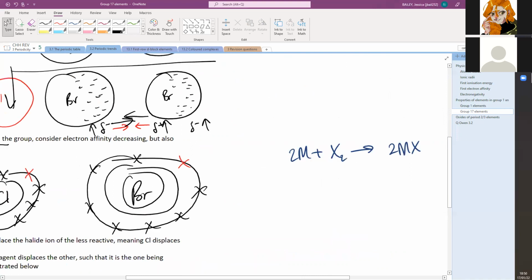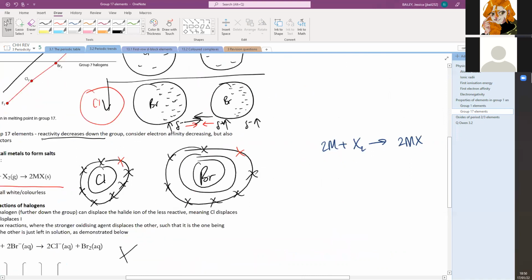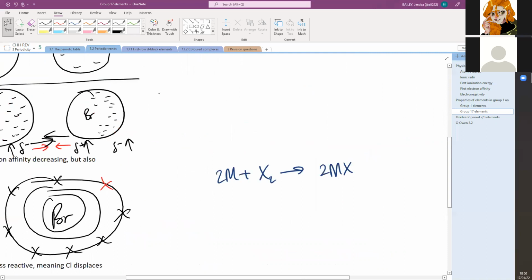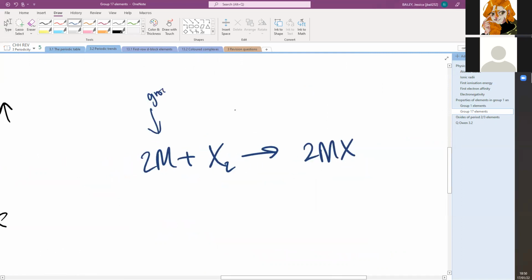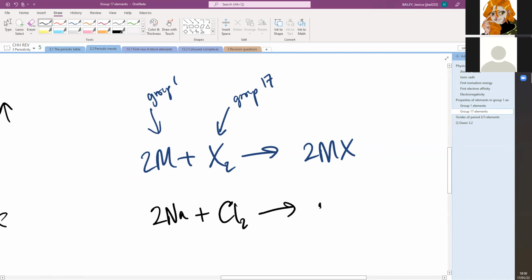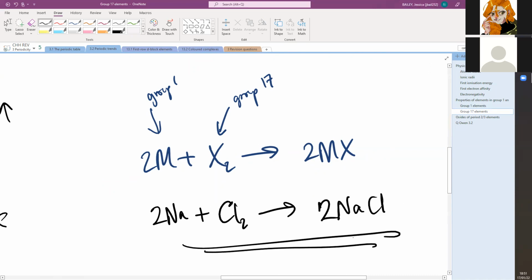Now, the most common version of this, where M is the group 1 element and X is your group 17, the most common version you will have seen would have been with sodium and chlorine to produce table salt. So that's one that I usually remember.